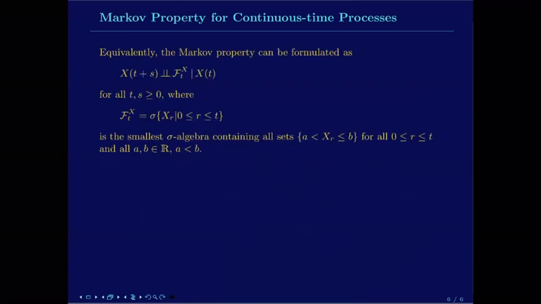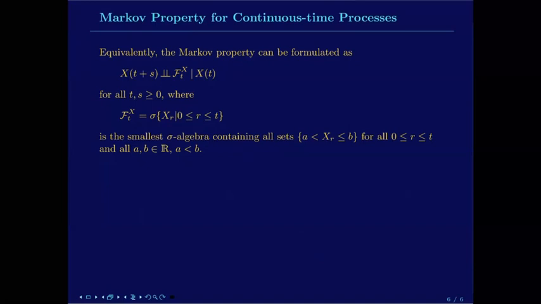More generally, or equivalently, we can write the Markov property also in terms of conditional independence. So again, here we have a point in the future. Here we have the process at time t, called the present. And then we have here the complete past, where Ft^X is a sigma algebra generated by the complete past of the process up to time t.